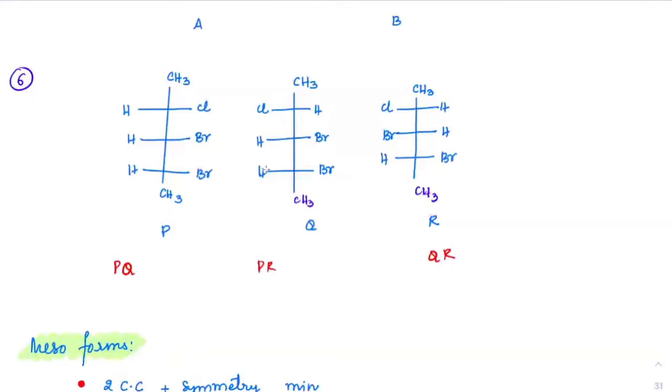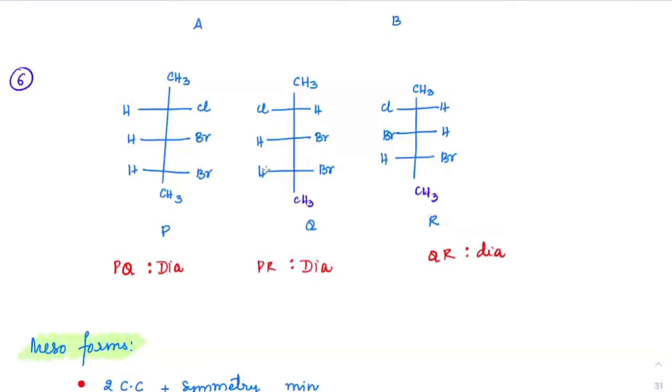PQ are diastereomers. PR diastereomers. QR diastereomers. Very good. So all these three are diastereomers of each other.